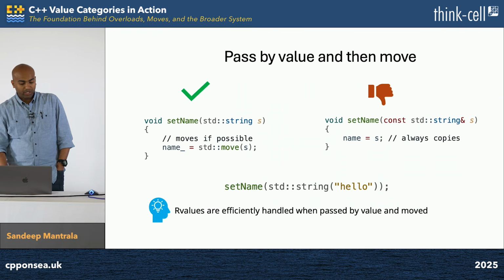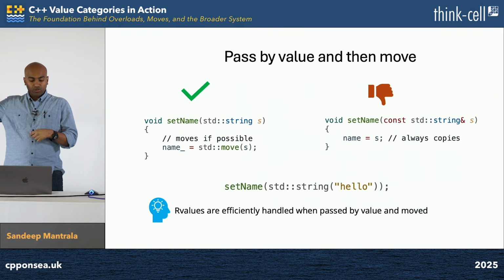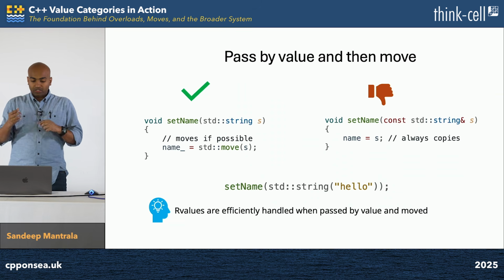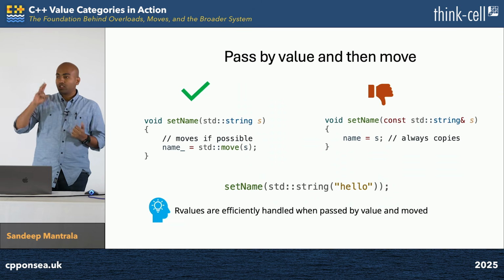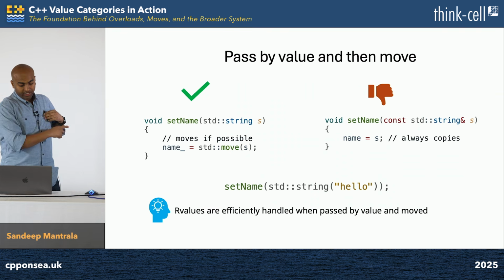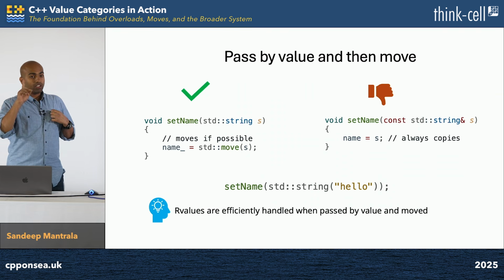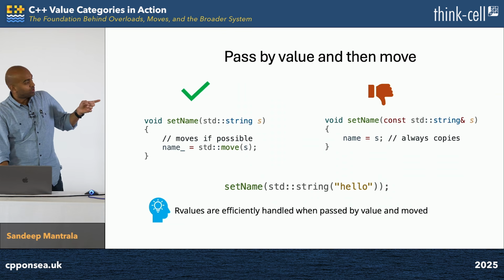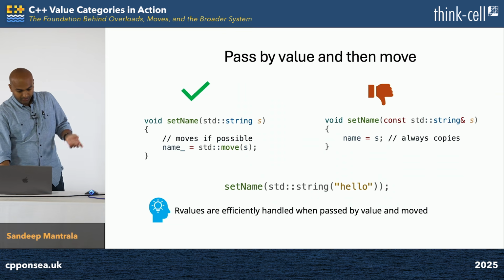Yeah, an extra copy happens, right? First the prvalue is created, and then when you copy, a new copy is made. So there are two instances of this object. But on the left, there is one object creation, and then a move happens. So it is efficient when you have prvalues in the argument.